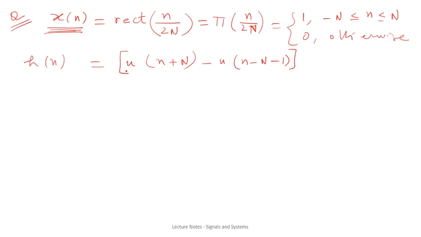So this can be the other statement, that either you convolve x[n] with itself or you convolve x[n] with this h[n]. Now let us start the solution for it.